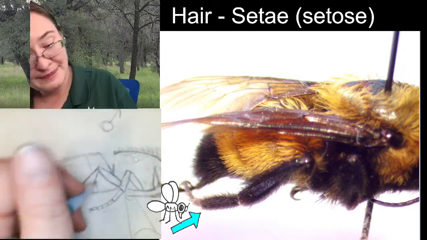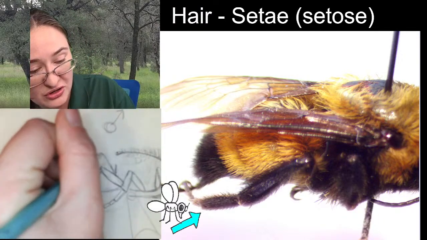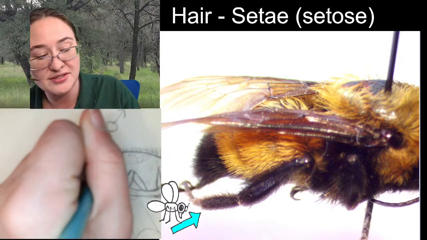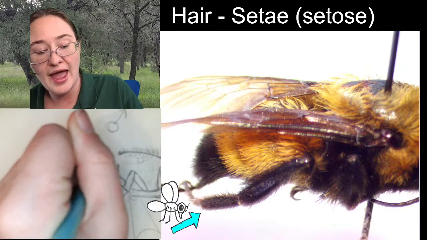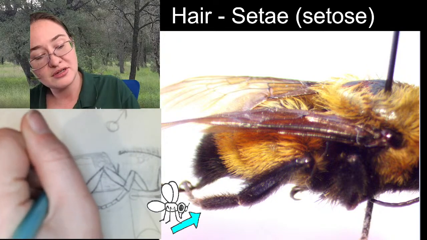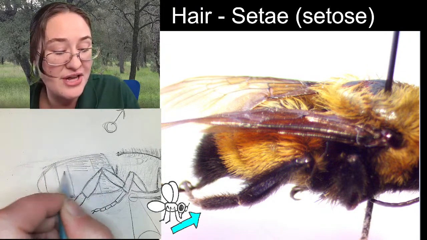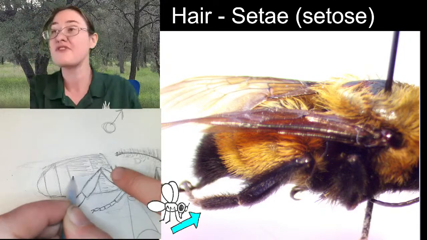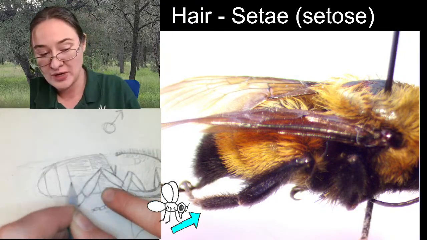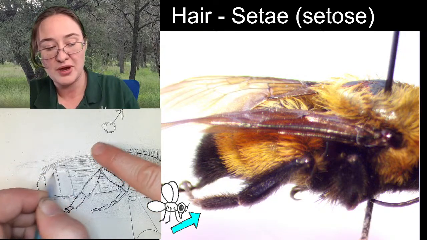All right. Now, with our bumblebee here, it is so setose that what I would end up doing is coming through and adding these long yellow hairs. You give a little bit of space in between the segments so that you can still tell where they're going to be.